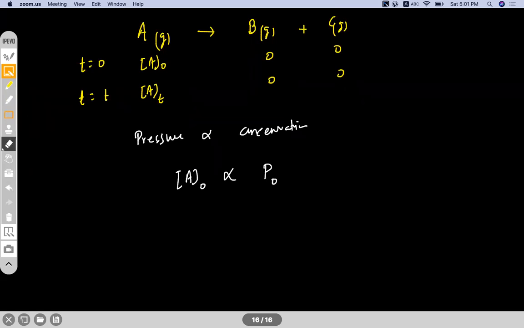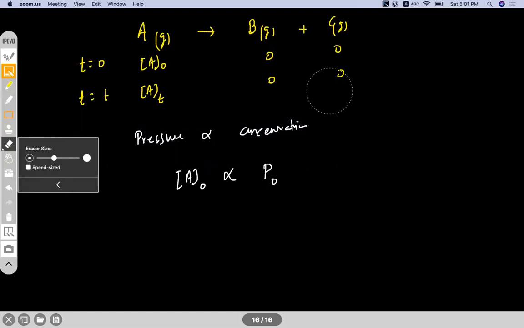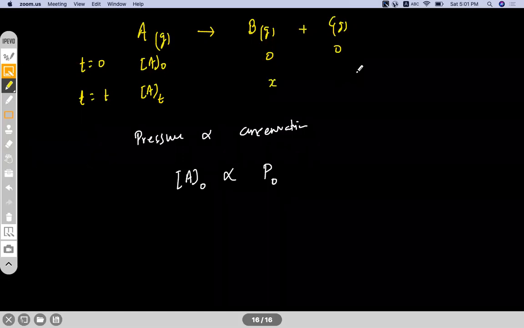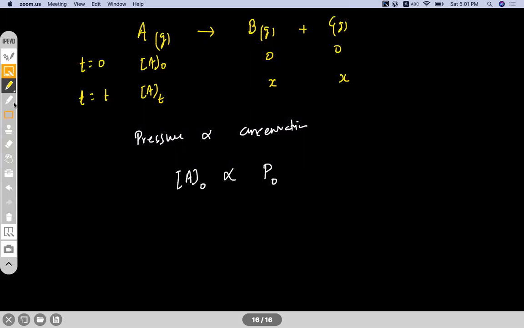And one more thing, this will have a certain concentration of B and C that we do not know. Suppose x each we'll have here. And A t, the concentration of A at any time T, would be equal to what? The pressure at this point T. So concentration and pressure you can also relate like this.